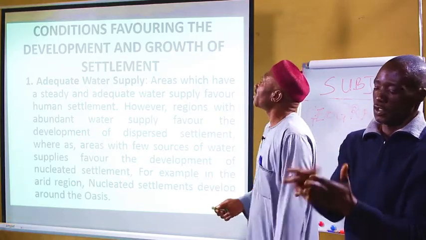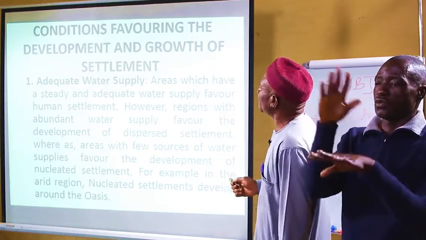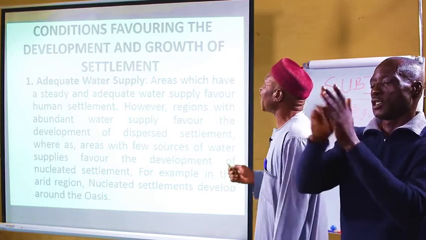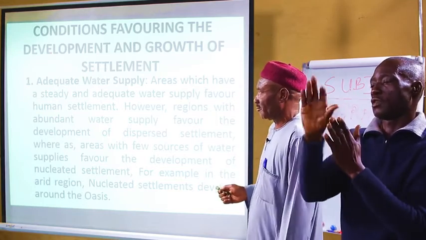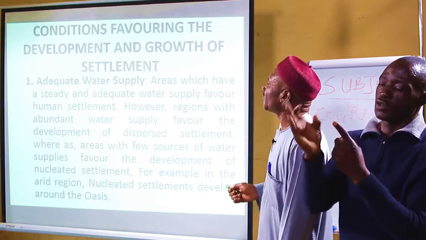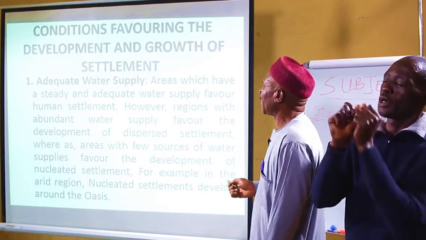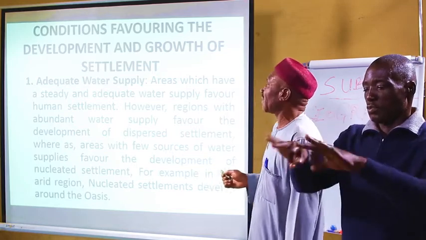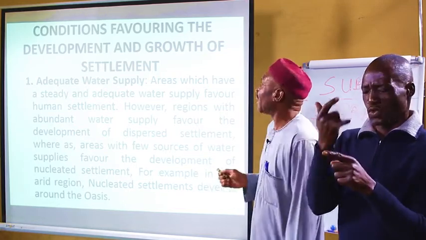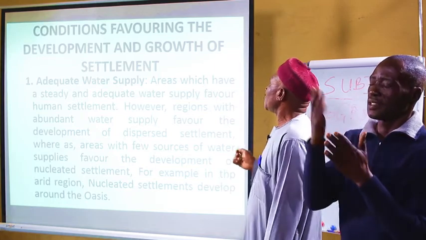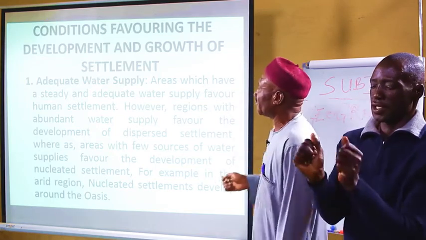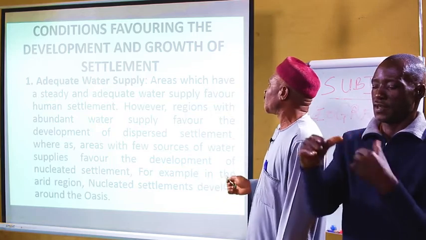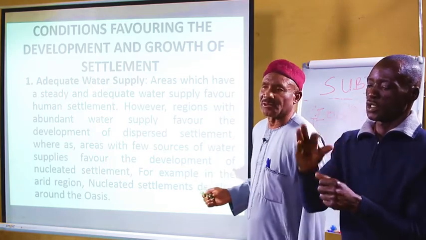Now, students, let's quickly look at the conditions favoring the development and growth of settlement. One of the conditions is adequate water supply. You know how important water is. Water sustains life. Areas which have a steady and adequate water supply favor human settlement.